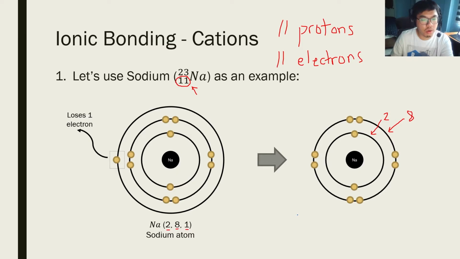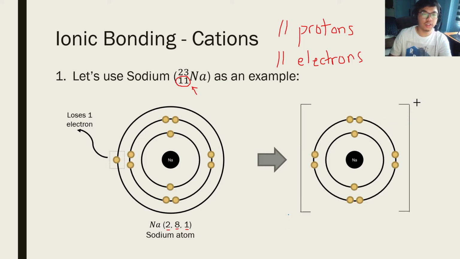Now because it threw away 1 electron, it becomes positively charged. And usually when you are drawing the electronic structure, you put a square bracket with a positive sign at the top here. Why do we say it becomes positively charged? Now remember, in the beginning, it has 11 protons and 11 electrons. Protons have positive charge.